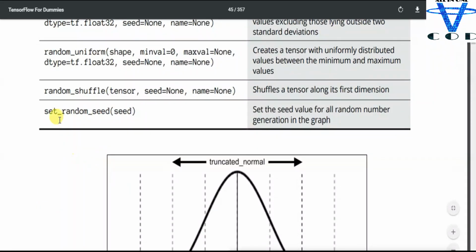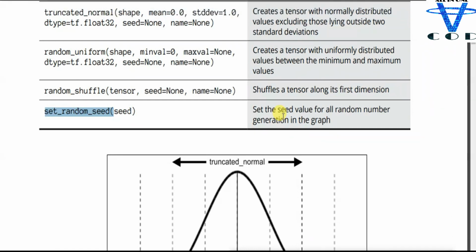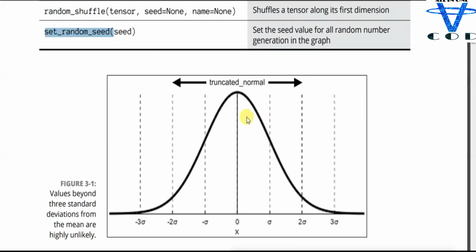Now the last one is set random seed. It sets the seed value for all random number generation in the graph. I'm going to talk more about the graph in a later video, but let's just see what set random seed does.